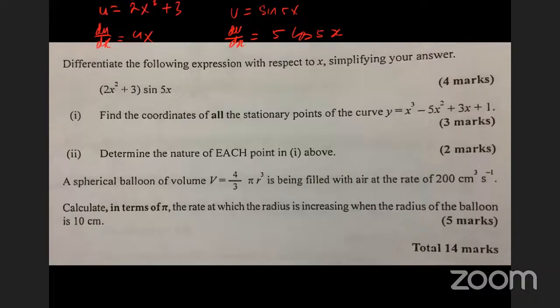Then dy/dx is u times dv/dx, plus v times du/dx, which is 4x sine 5x. That's it, you're done. 4 marks there. You can't simplify any more.